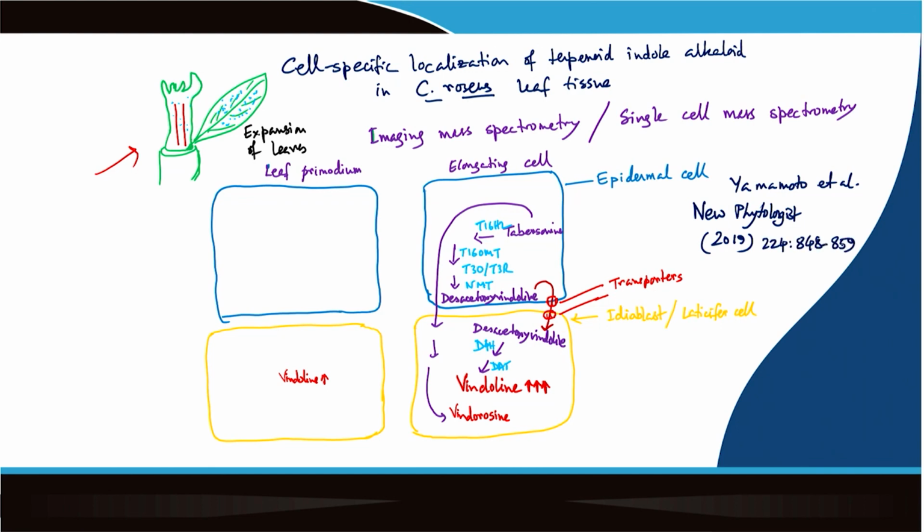Here in this paper they have shown very interesting mass spectrometry images. When I make an overview of total indole alkaloids, I will use the slide and there I will show you those images.